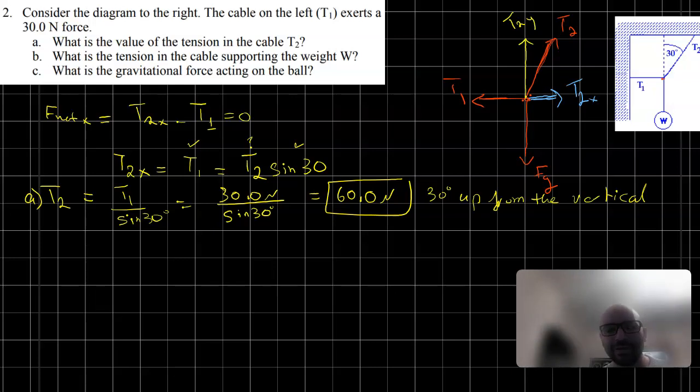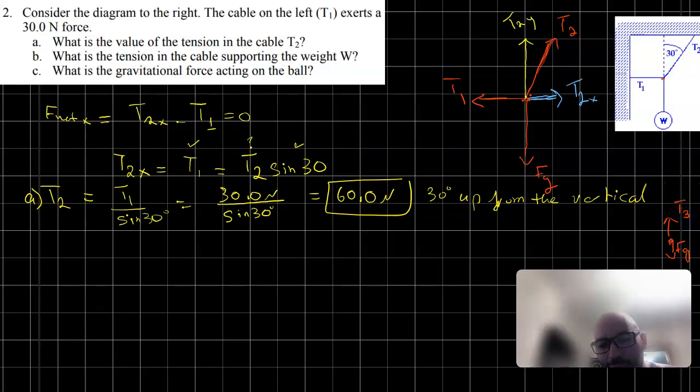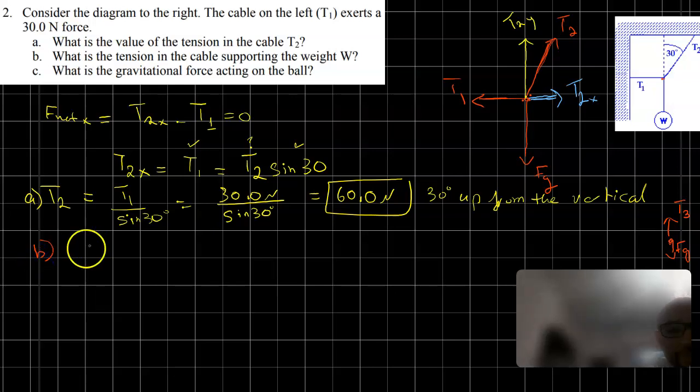So this one here is slightly different. If you want to look at the free body diagram for the weight, you have Fg down and the tension up. Let's call that T3. What do you think the force acting on that rope is? It is going to be opposite to Fg, so Fg up. If we're looking at that problem separately, we're going to do Fnet, and that's only in the y direction. There's no x direction in there.